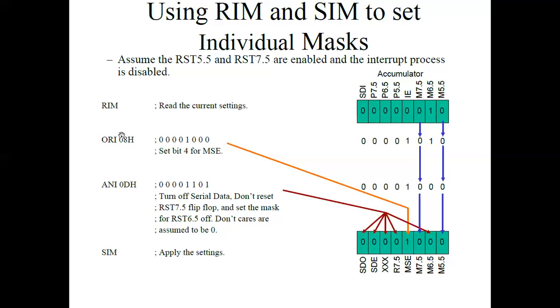Okay, and after that OR and AND operation, when we have got the desired bit pattern, we will apply that bit pattern to that particular system, so that whatever change we are going to perform according to the interrupt will be applied by using the SIM instruction.